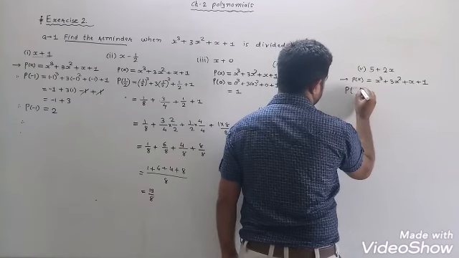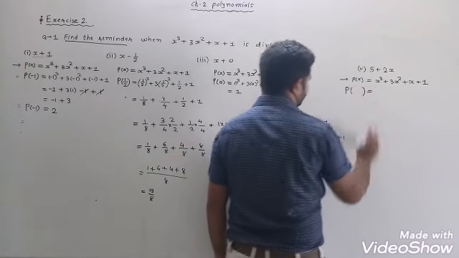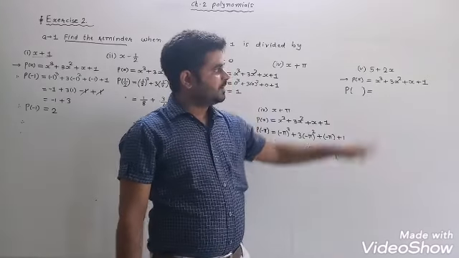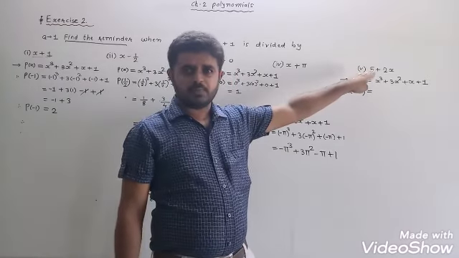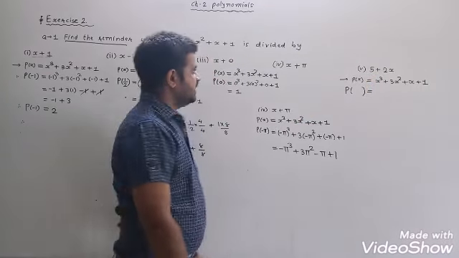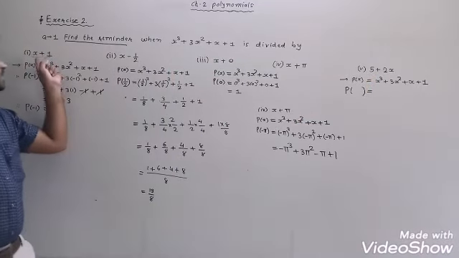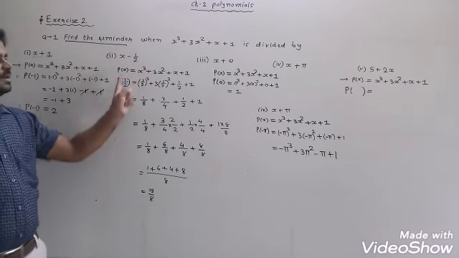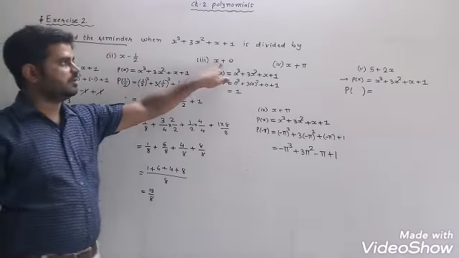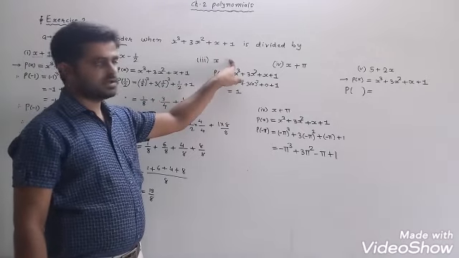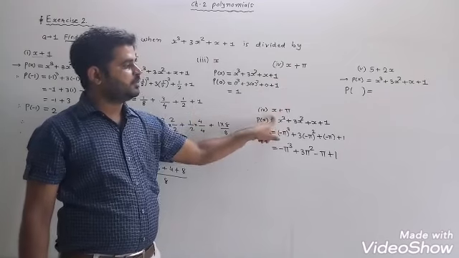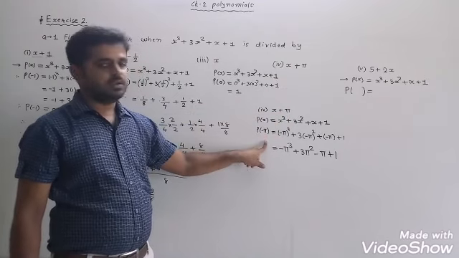Now what is the value of x? Are you able to decide the value of x? Because here is a linear polynomial 5 plus 2x. If in this question x is the subject, then you got minus 1. Here minus 1 by 2, then you got plus 1 by 2. There is no x, only a constant term, so you put 0. Here x plus pi. In the fourth question x plus pi, so you put minus pi.